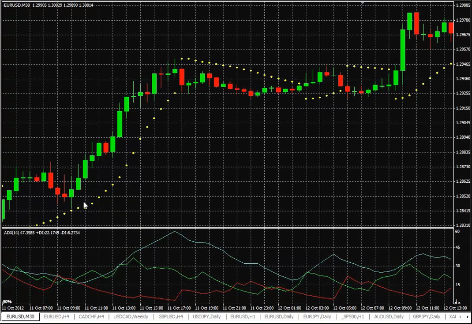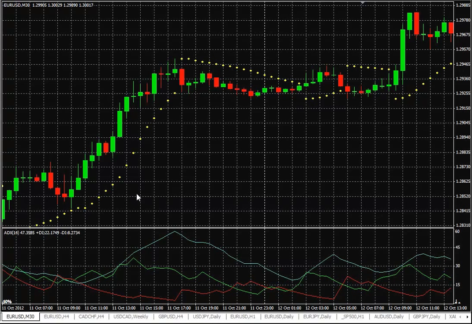So the PSAR here helped me stay long, so I maximized my profits. I was watching, though, the more nervous and more sensitive index, which is ADX itself and the two partial indices, the plus and the minus.